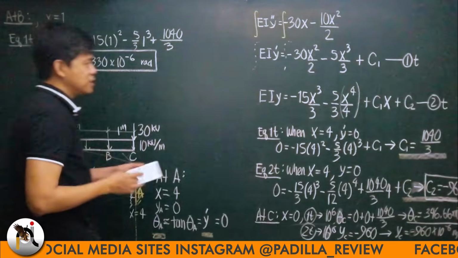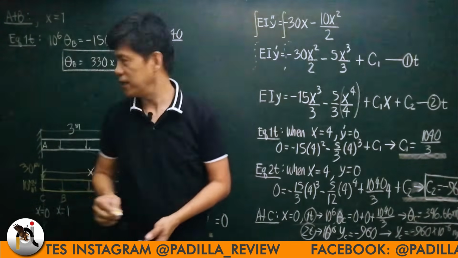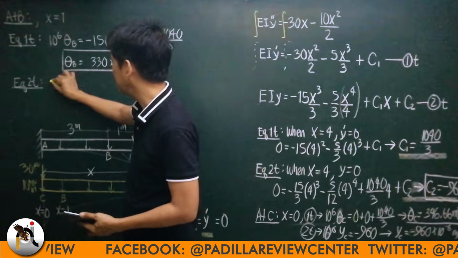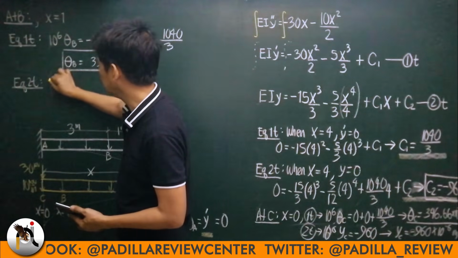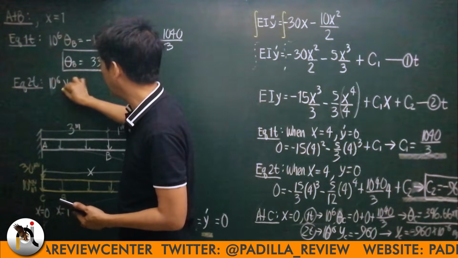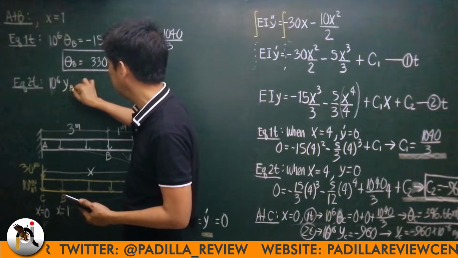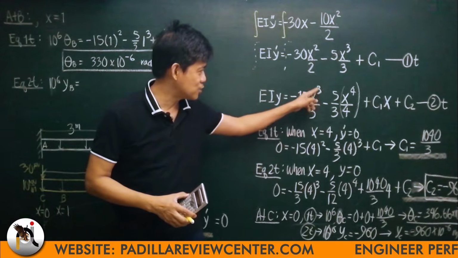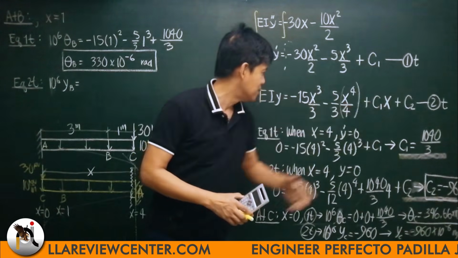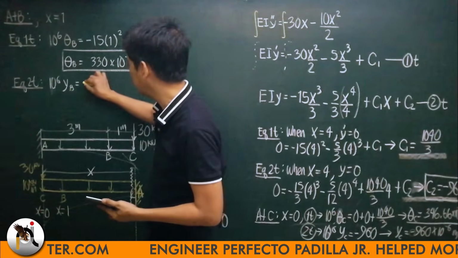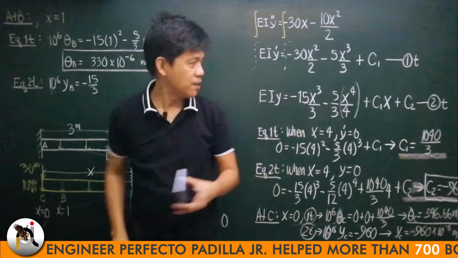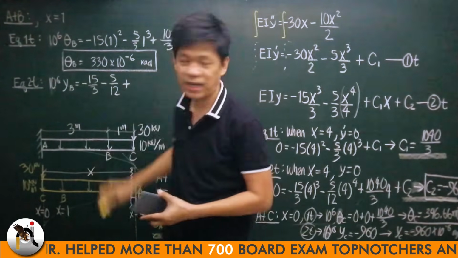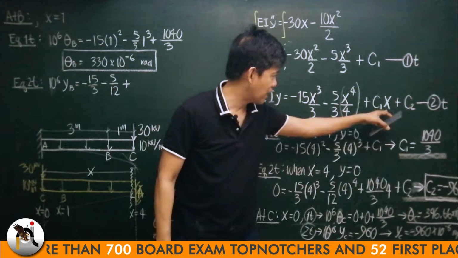Now, substituting to equation 2t, you'll have EI, which is 10 to the 6, y at B is equal to, x is 1. If x is 1, this is 1, this is 1, this is 1. So I have here minus 15 over 3 minus 5 over 12 plus C1 times 1.